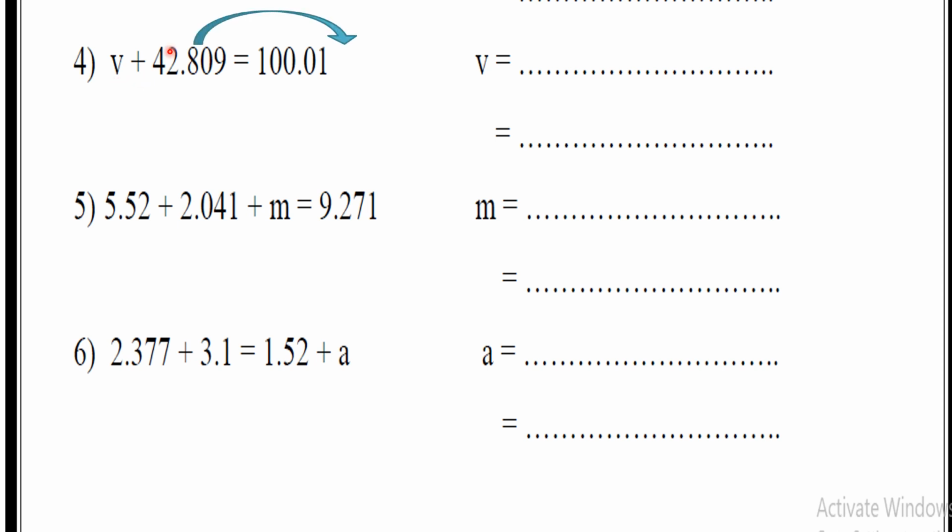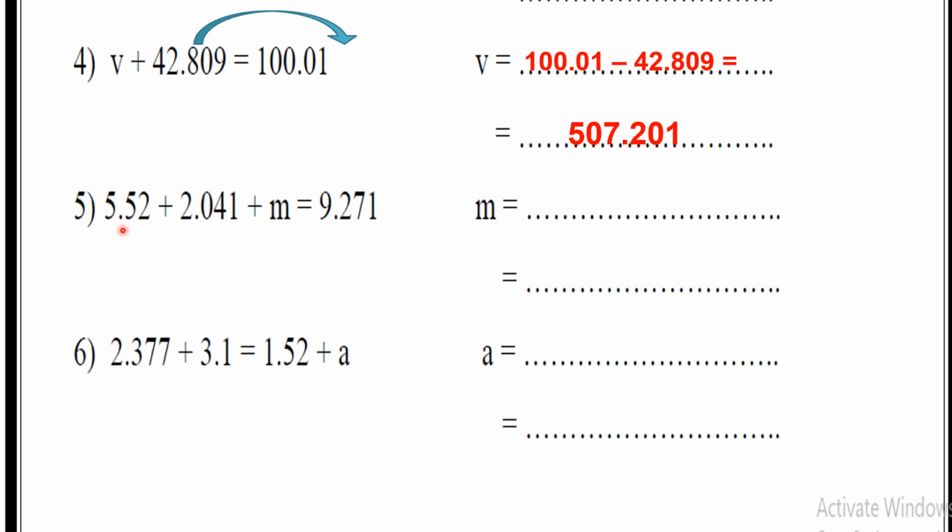Here the operation is plus, so it will be minus. So we will have v equals 100.01 minus 42.809. So then when we solve this question, the value of v will be 57.201.